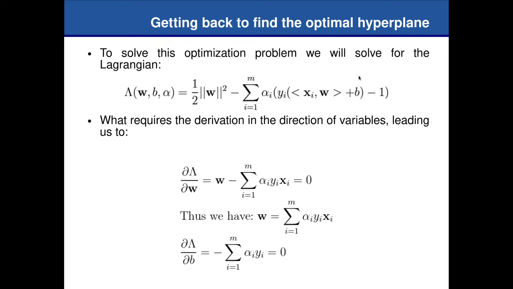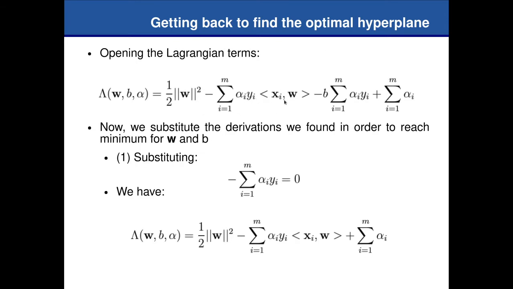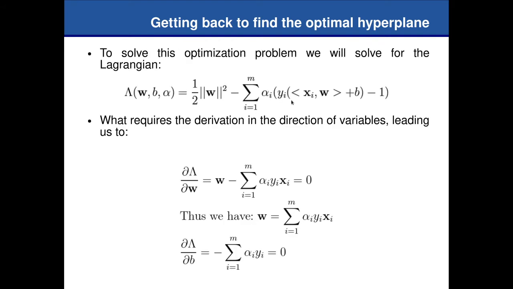If I open up this term, you guys can take a look here, and if I multiply alphas, y's, and this inner product, I will have this: alphas, y's, and the inner product. Kind of easy, right? In terms of b, I will have b times y's times alphas.